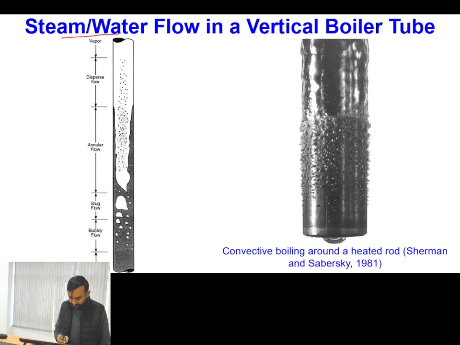So typically at the bottom there can be entry of either saturated liquid or subcooled liquid. Is this point clear? So liquid can be either subcooled or saturated, but mostly if I am talking about the boiler tube, then in case of a boiler tube it will always be saturated liquid.